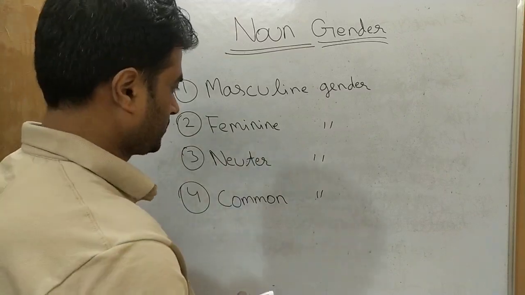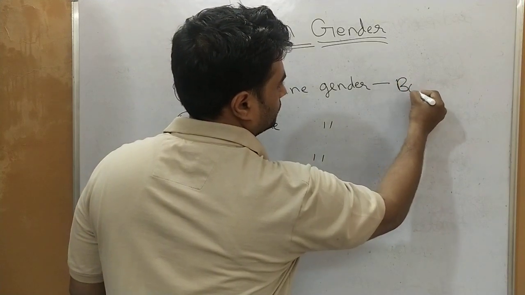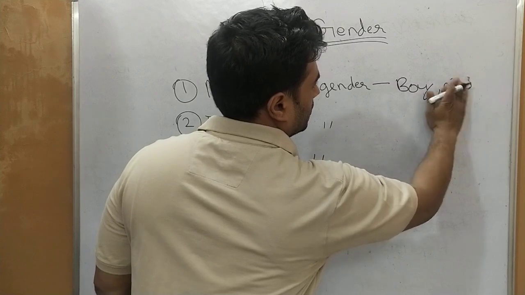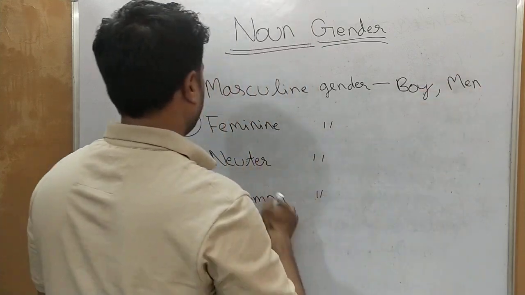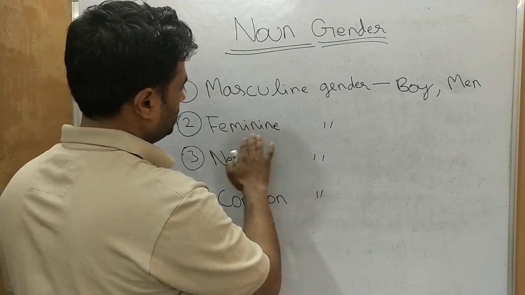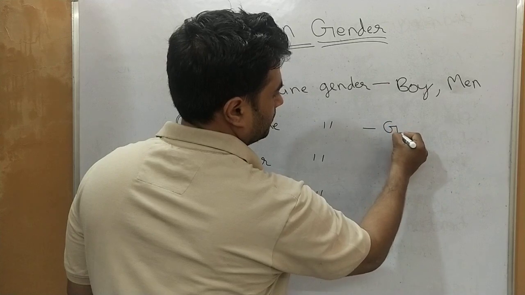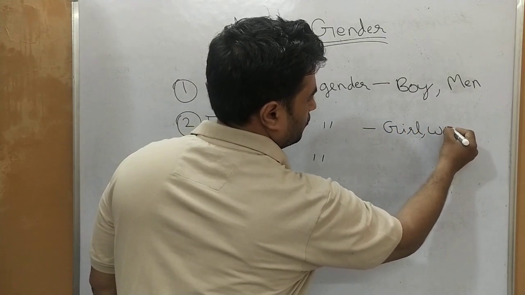For example, under the masculine category, we will put boy, men. And under the feminine gender, we will put girl, woman.